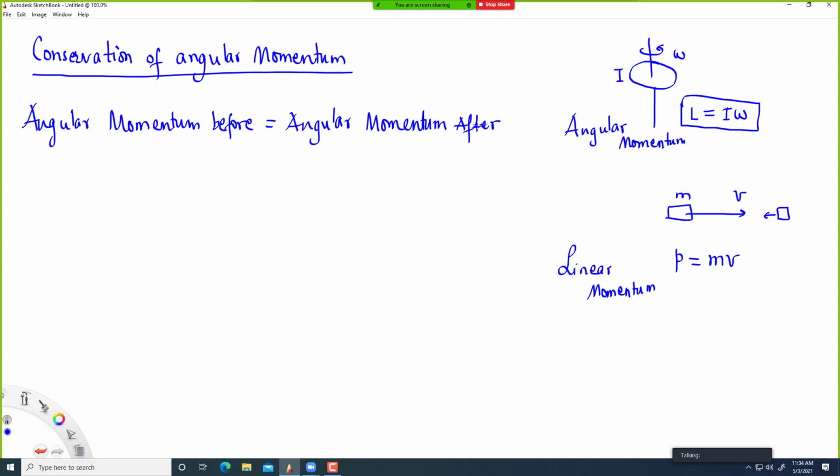You can write angular momentum before as Li and angular momentum after as Lf. Li is I times omega I, and final angular momentum Lf is If times omega f. Okay, so that's what we are going to apply for worksheet 20.